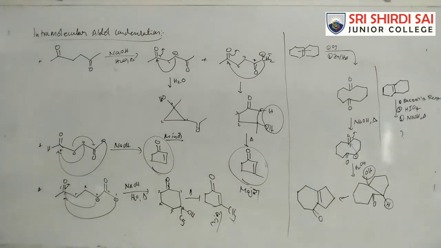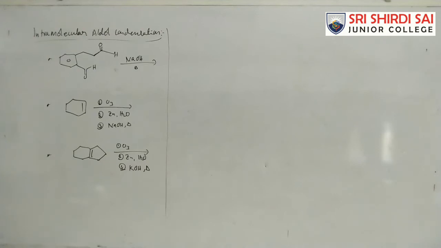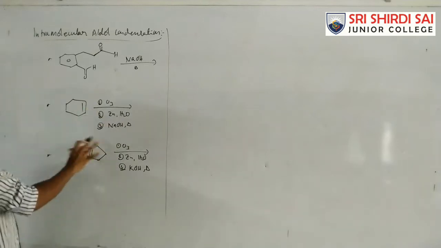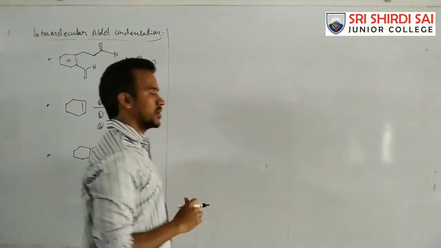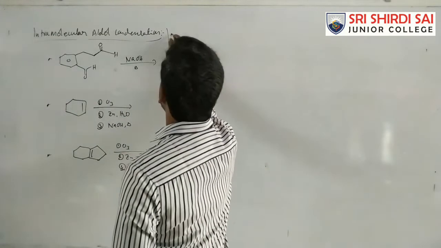Okay, write the product. Okay, next here are some more examples. It is a dicarbonyl compound. Okay, these are the examples regarding intramolecular aldol condensation. So complete those reactions.